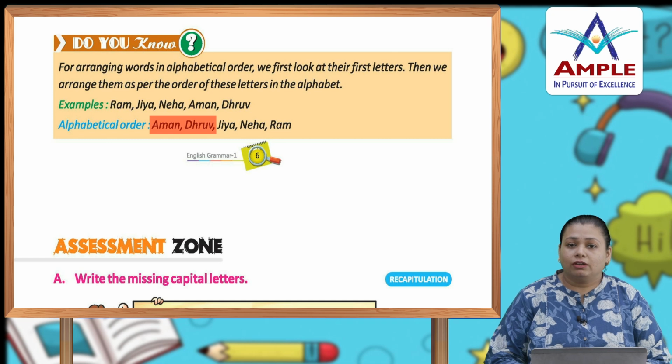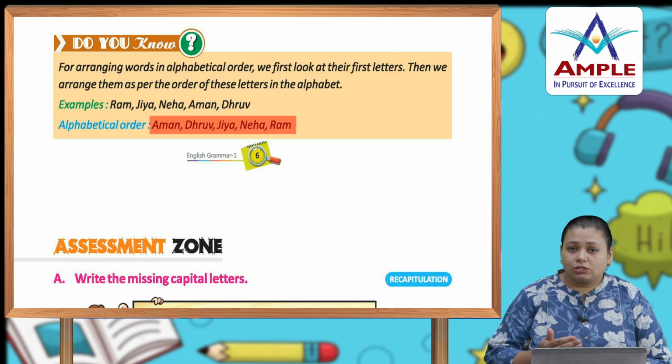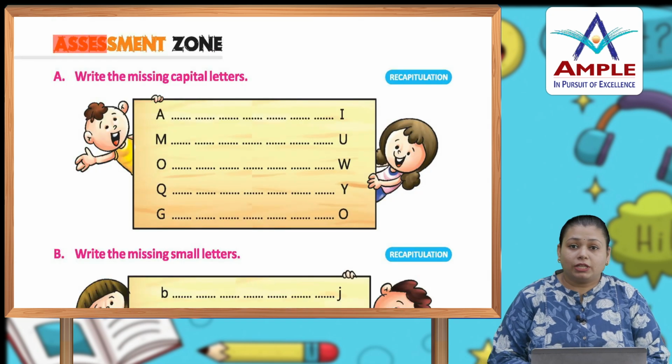So then we write down the name of the kid whose name starts with D. After that, Jia, Neha, and Ram. So when you write the names according to the first alphabet, this order is known as alphabetical order.